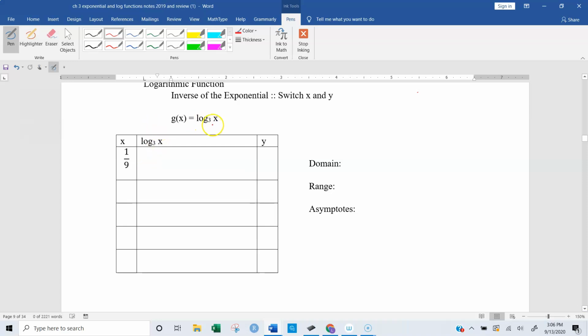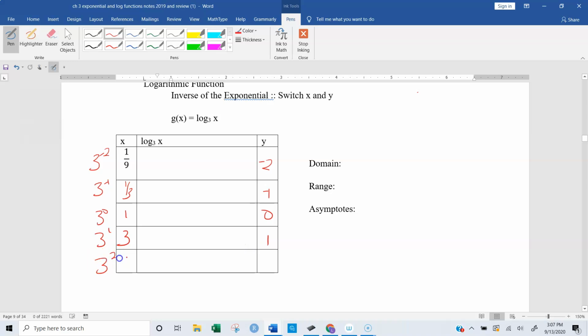Okay, so the log here, base 3 of x equals g of x. So now I have to get to y. Well, I know that log base 3 of 3 to the -2 will give me -2. So let's just do this. 3 to the -1 is -1, or 1/3. 3 to the 0, or 1, is going to be 0. 3 to the first, or 3, is going to be 1.